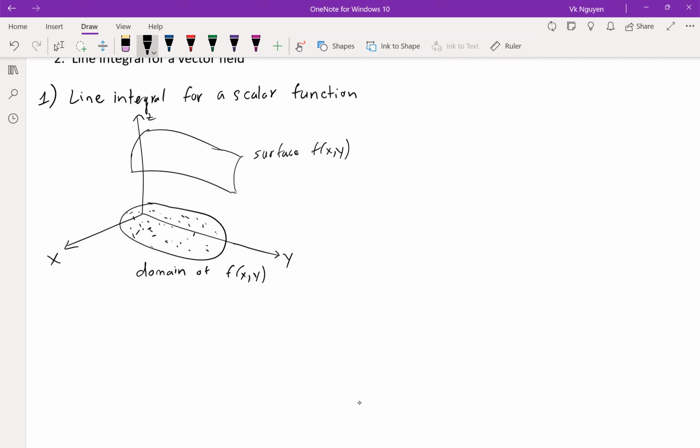We know this domain as region D. Well, we want to integrate over a curve instead of an interval. So now we're going to integrate over a curve. Let's say that we're going to have a curve C right here, something like this.